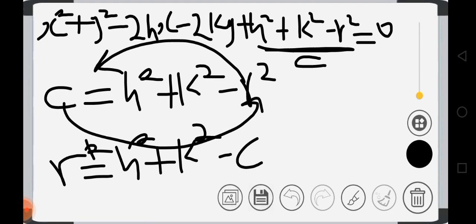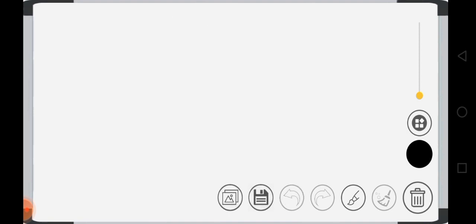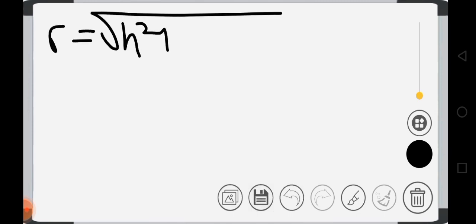Then you take the square root of the other side, so that your radius will be the square root of h squared plus k squared minus c.